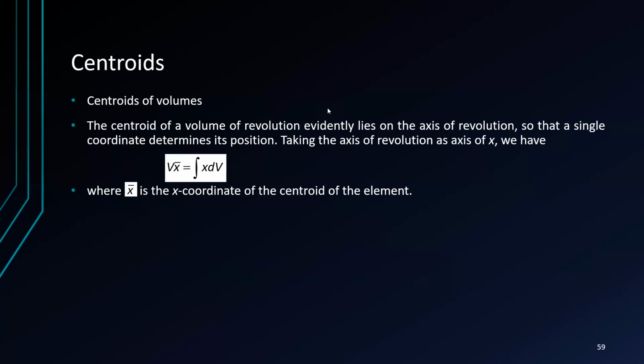Kung nag-rotate siya sa y, so ang axis mo is 0. Ang bar x mo is 0. So bar y mo is nasa between doon sa loob ng along y doon sa ordinate line.